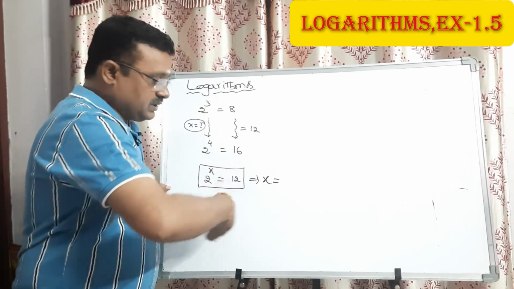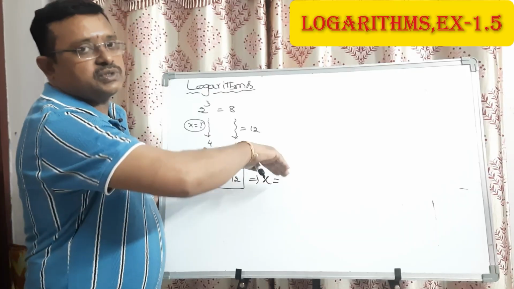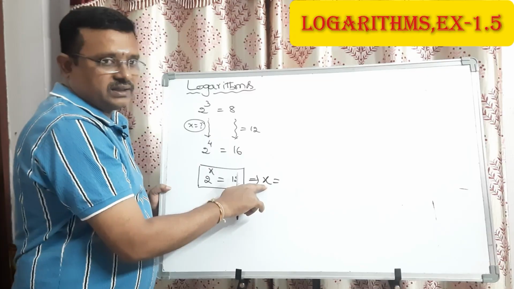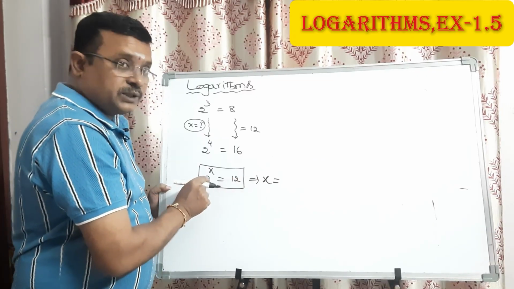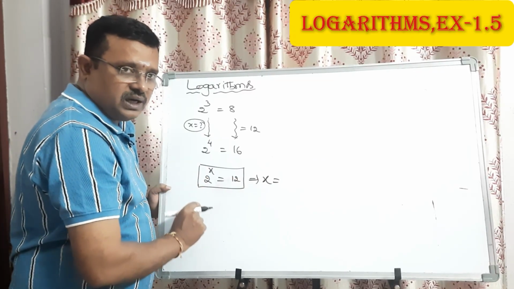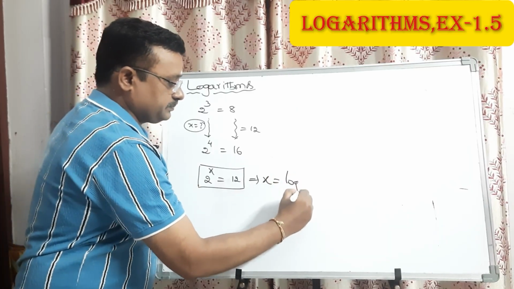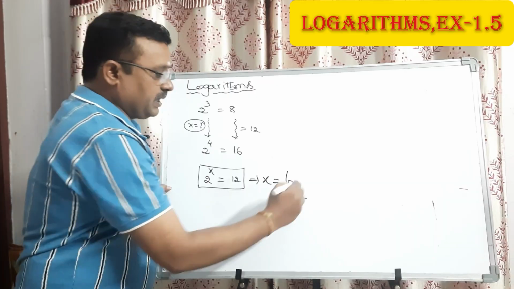Exponential form transforms to logarithms when we need to find the power value x. How? The exponential base goes to the other side of the equality as the logarithmic base, applied to 12.